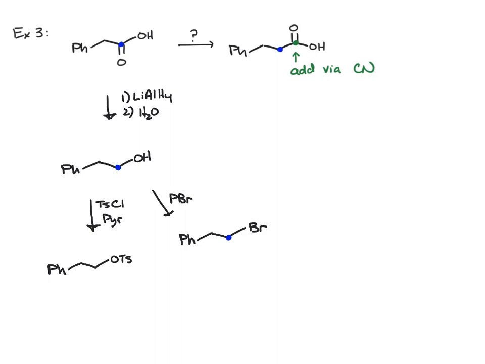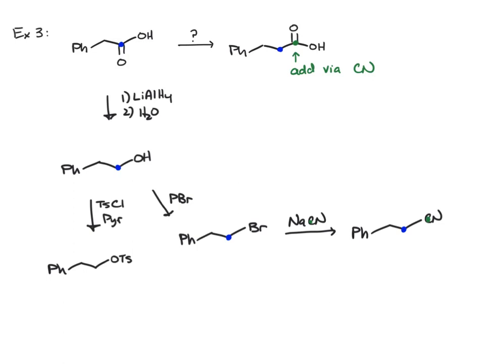Now that we have the bromide, this is a good time to incorporate the cyano group. If I add sodium cyanide, now we've incorporated that CN. And let's just put a dot on the carbon in green to say that that carbon becomes this carbon.